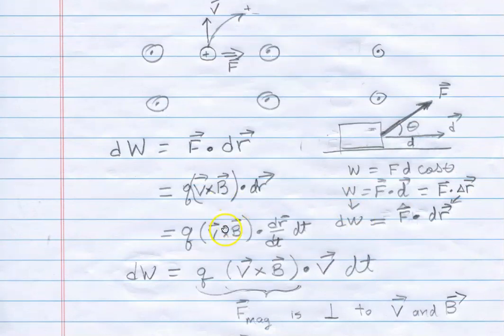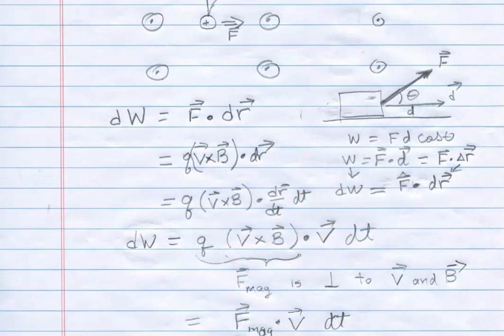And then what I'll do is multiply by an infinitesimal amount of time and divide by the infinitesimal amount of time. The reason for that is this is the distance moved in the time dt, and dr vector over dt is just the velocity vector.